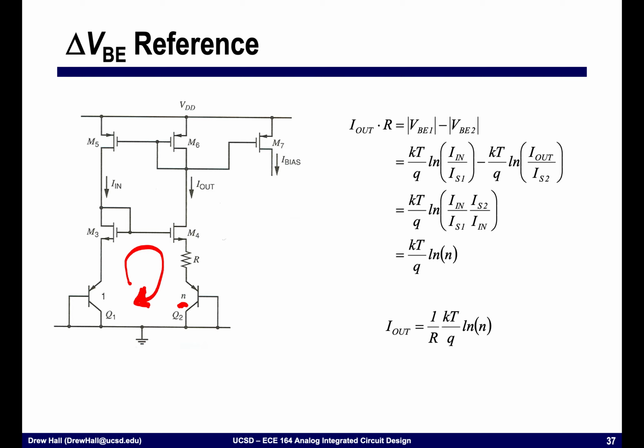If I was to write this KVL, I would get VBE1 plus VOV1 plus VT minus VOV1 minus VT minus I times R minus VBE2.